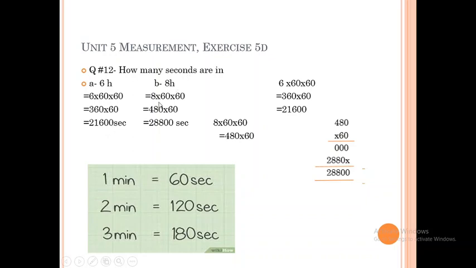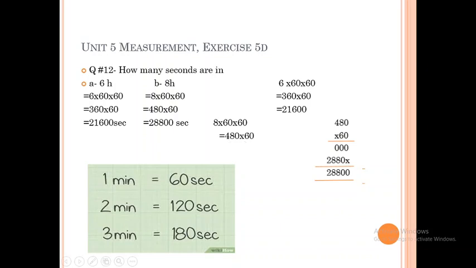Another question, that is 8 hours. Same procedure you will follow. 8 multiply 60 multiply 60. First multiplication to convert hours into minutes. Then the second multiplication, multiply by 60 to convert minutes into seconds. So this 0 is here, and 8 6s are 48, 480. Then the second multiplication, multiply by 60. Here I have done it in the working column, 480 multiplied by 60.